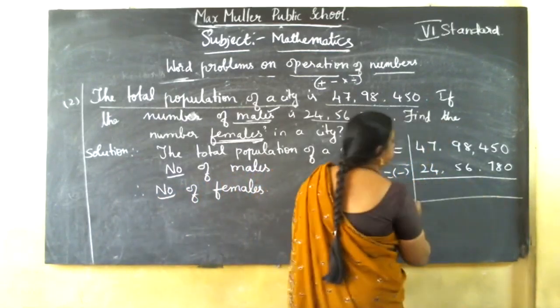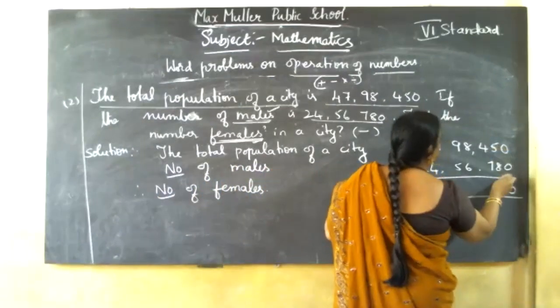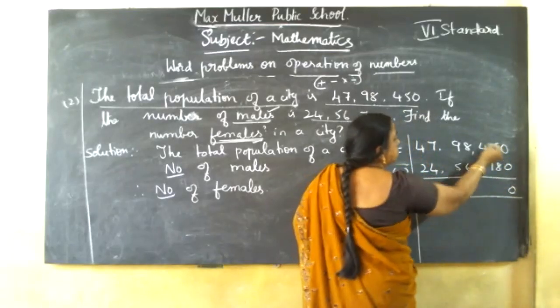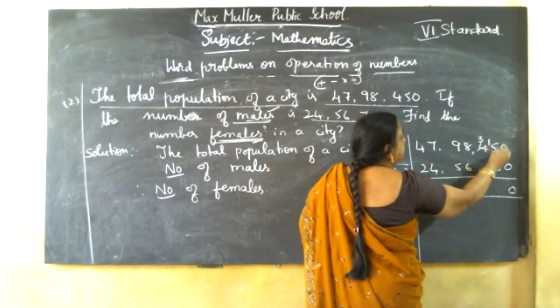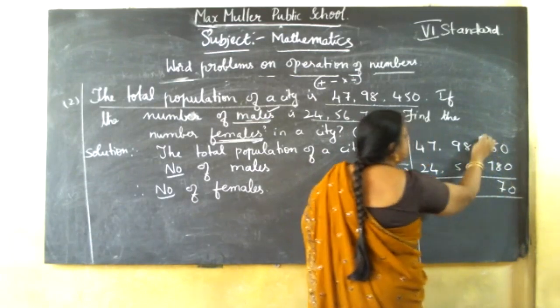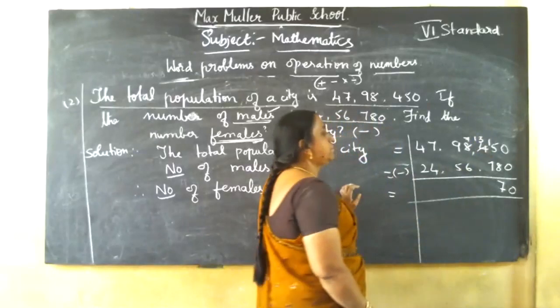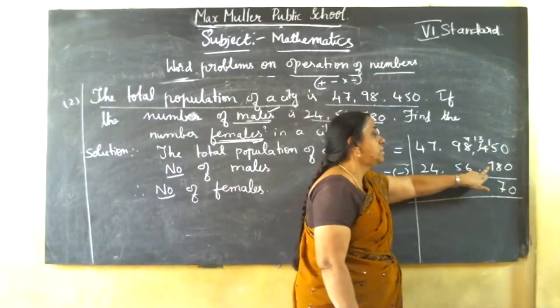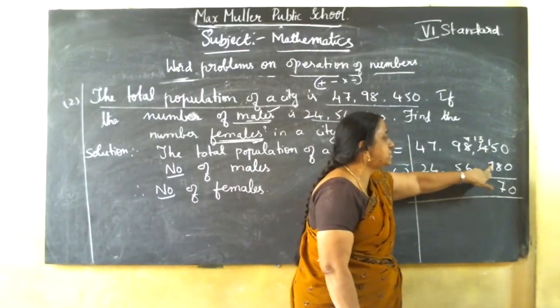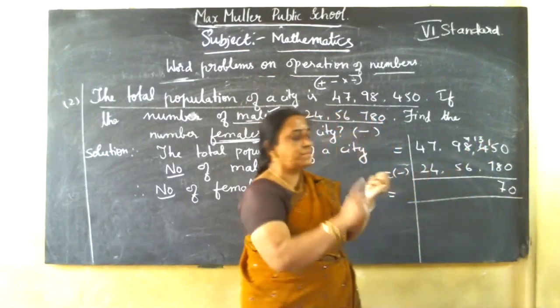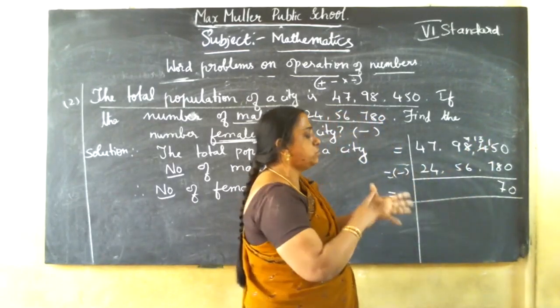Here 0, 5 minus 8 you can't subtract. So borrow 1, 15 minus 8 is 7. 3 minus 7 you can't, borrow, 13. 13 minus 7, already I taught, in the bridge course you count after 7 until 13: 8, 9, 10, 11, 12, 13.